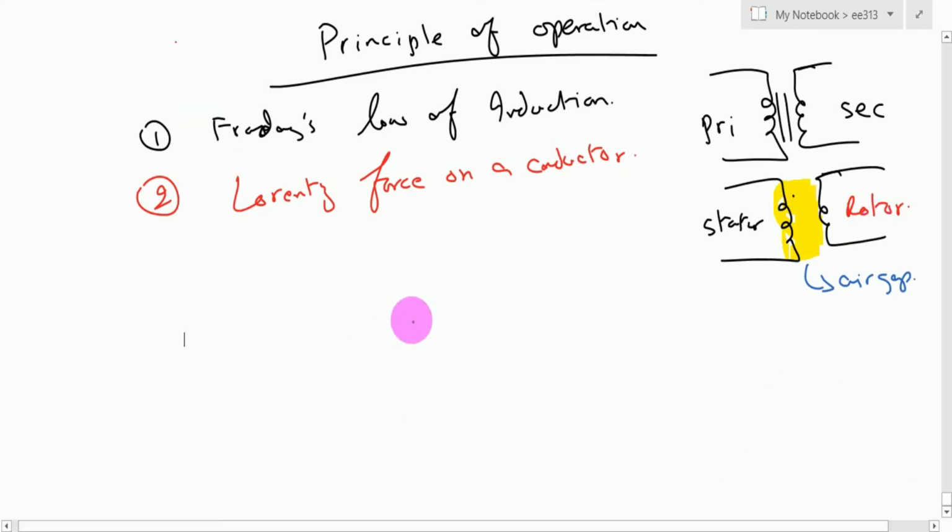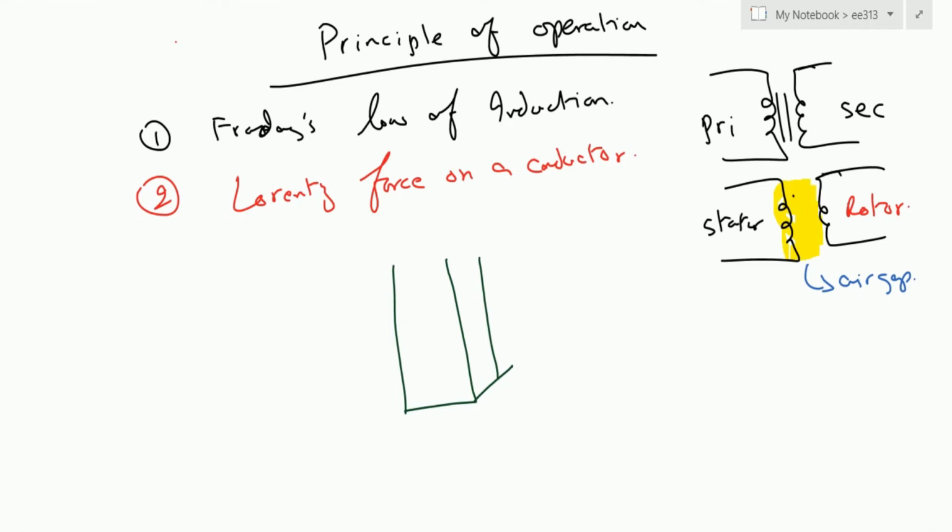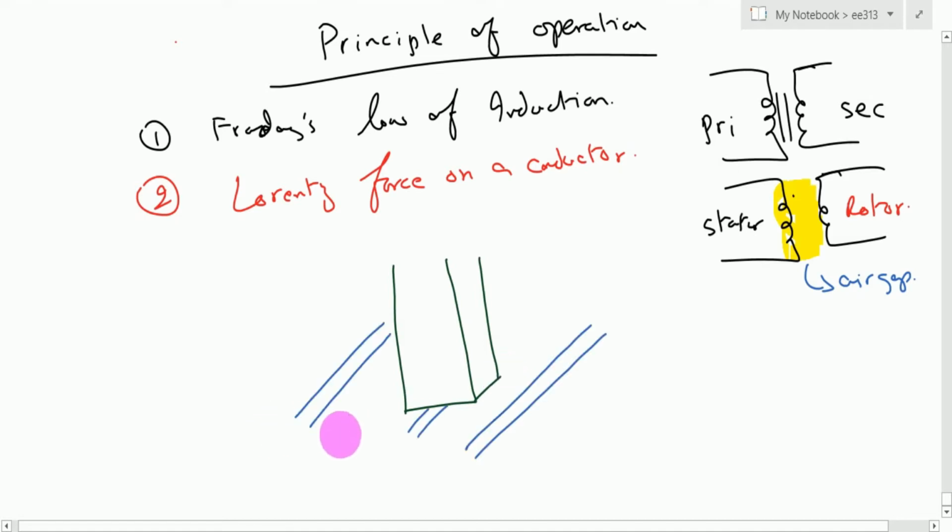Suppose that we have a magnetic pole here which is placed over these conductors. These conductors are actually shorted.